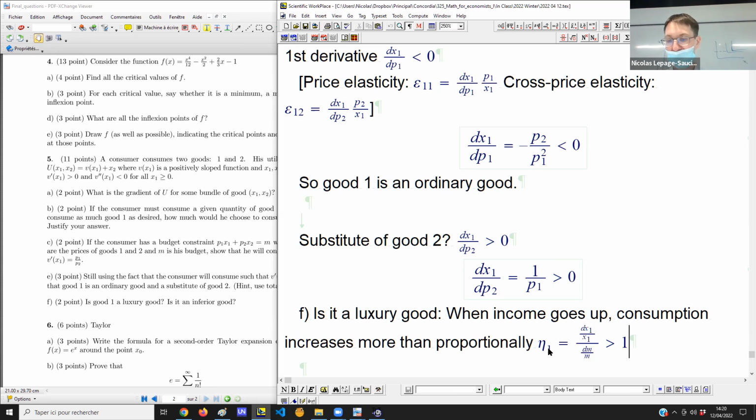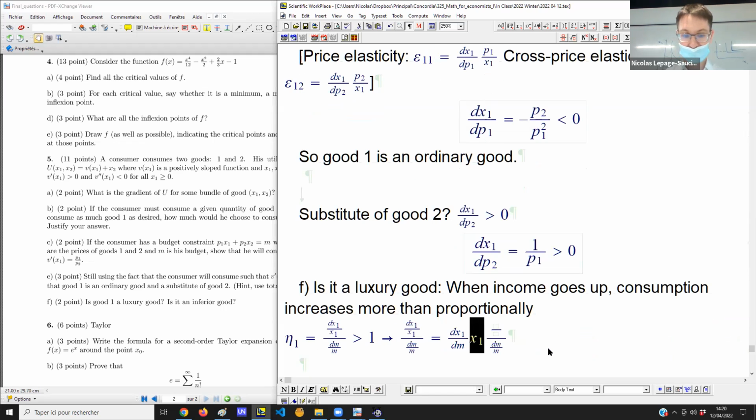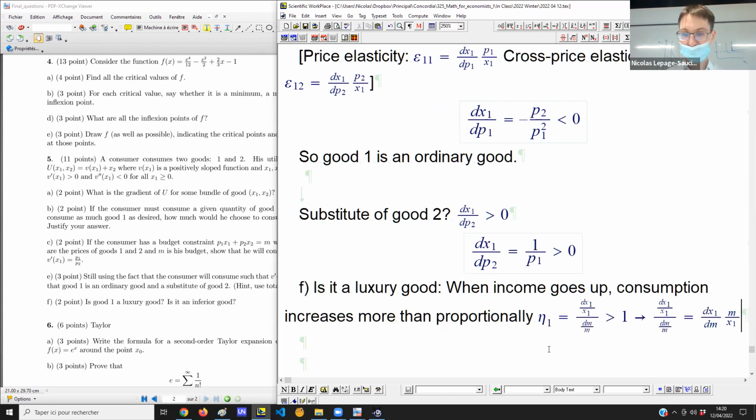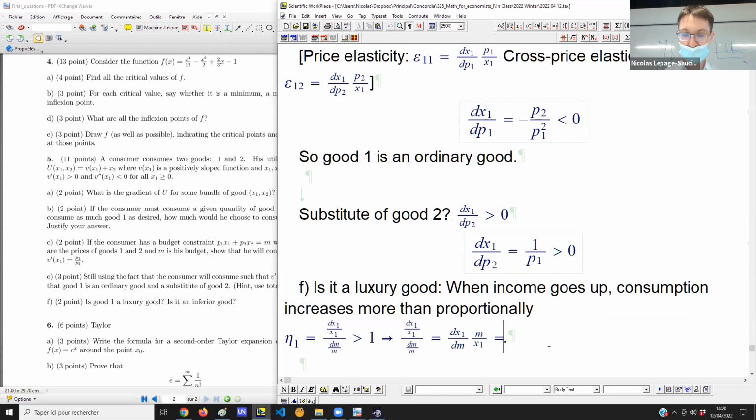So it means essentially that dx1 over x1 is greater than dm over m.